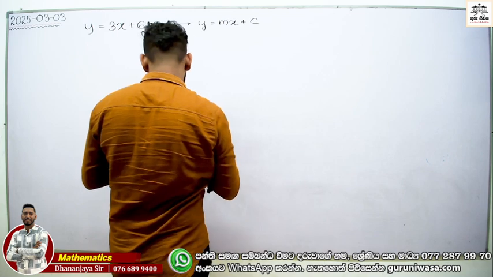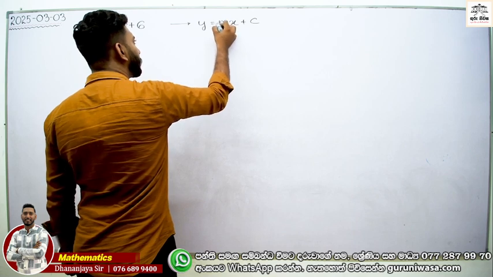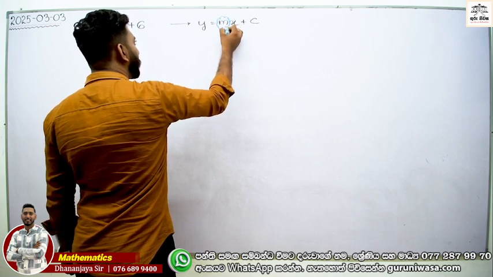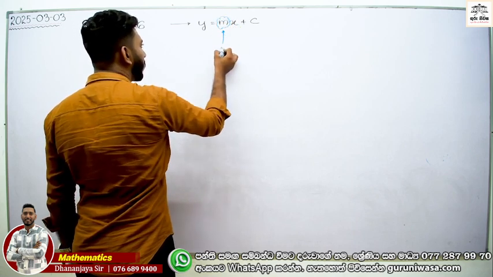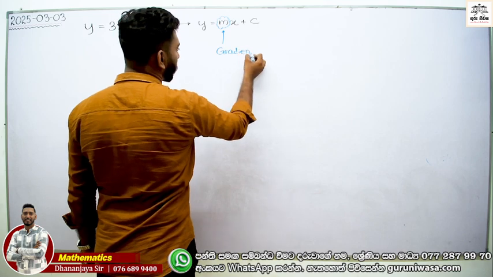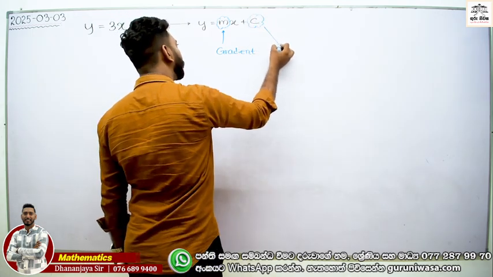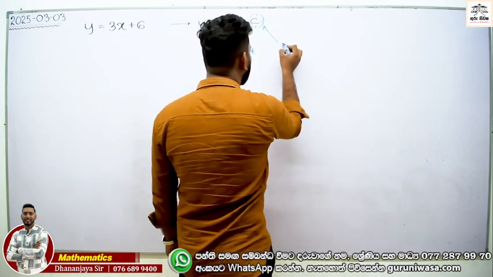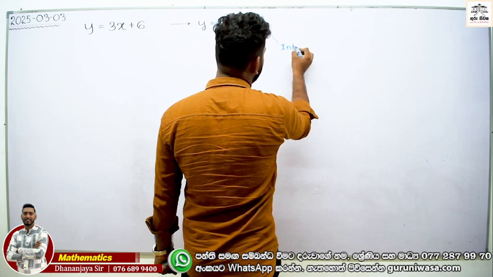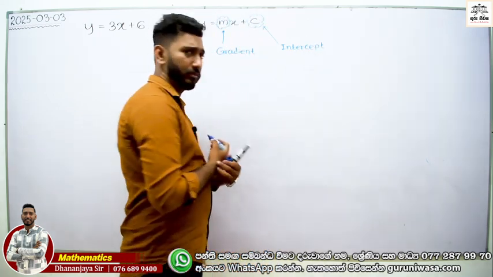M represents the gradient, and c represents the intercept. Right?